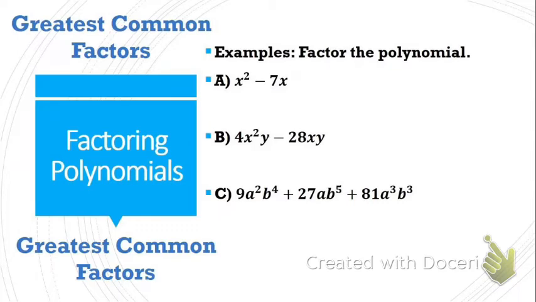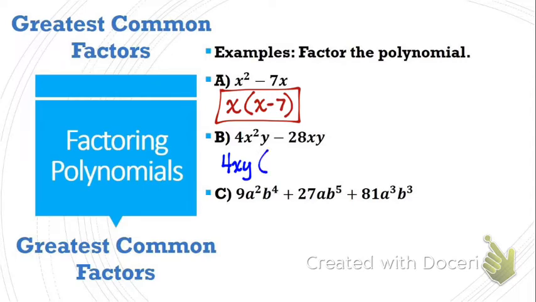What is the GCF on A? X. And that would leave me with what remaining? X minus 7. What about on B? 4xy. Which leaves me with what? 7.